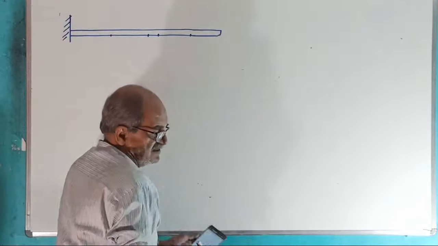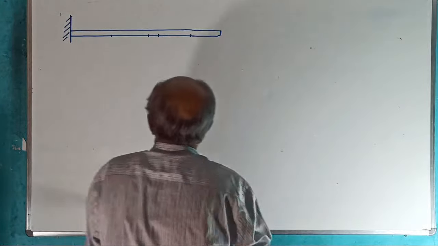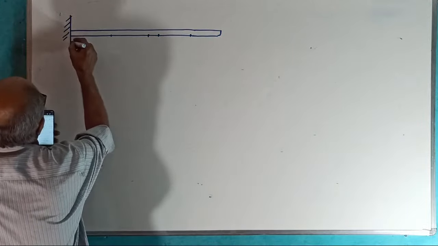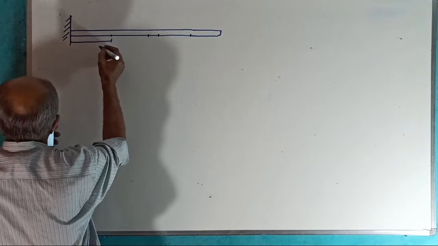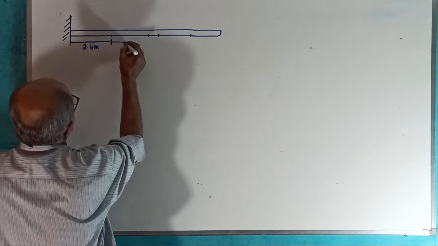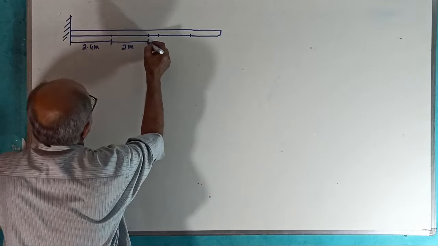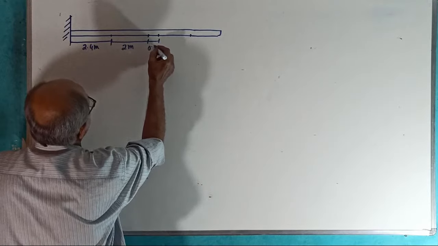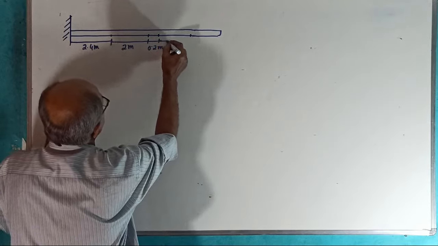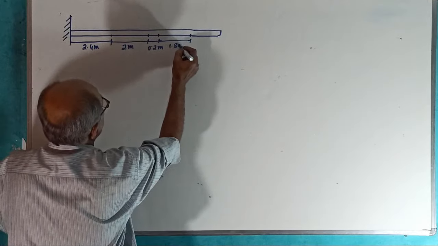Okay, I'll just check the answer because I will enter the values here. This is 2.4 meter. This is 2 meter, little out of scale. This is very small, 0.2 meter. This is 1.8 meter.